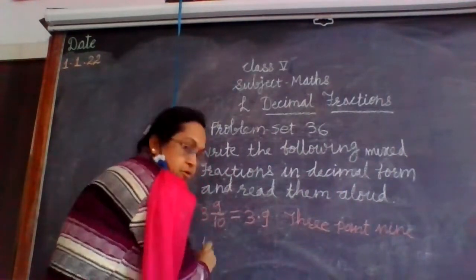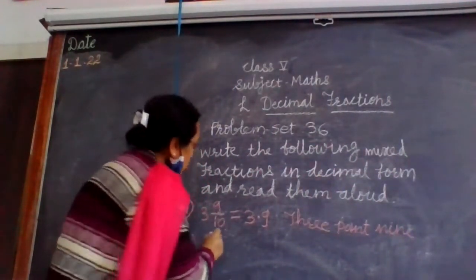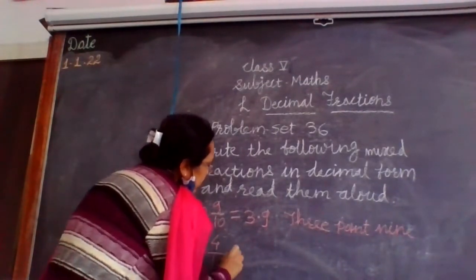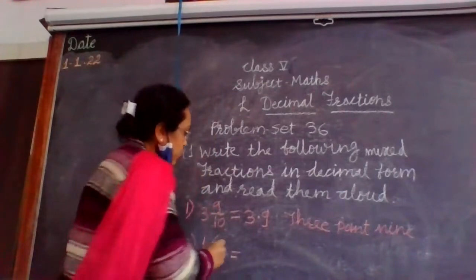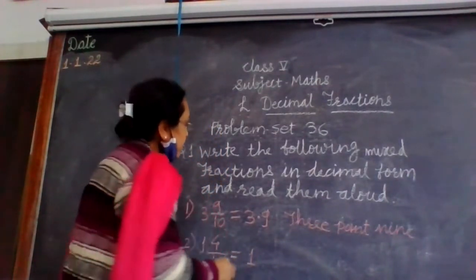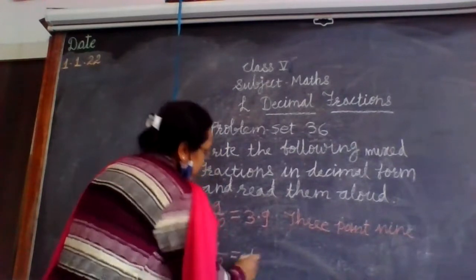Now, the second question is 1 whole 4/10. Now it is 1 whole, so in the whole part we are writing 1. Then the decimal point.